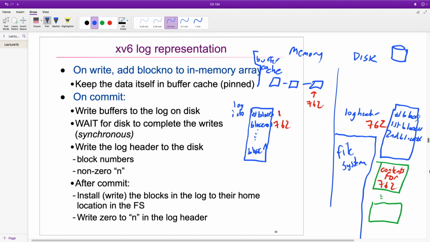The disk says, we're finished. And then we trust that the stuff is actually written to the disk. Then we write the header to the disk. It's important that we first write the blocks and then write the header, because it's the header that's actually got the done in it. Because the done is, how many blocks do we have? If it's non-zero, that means we're done.